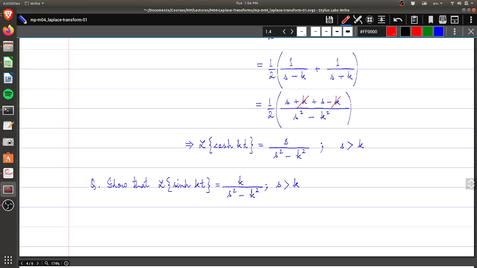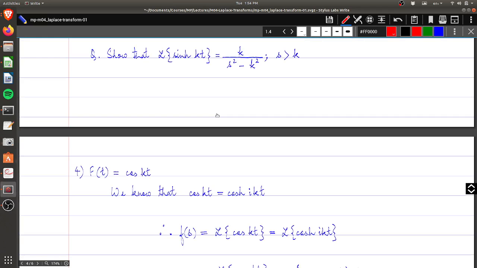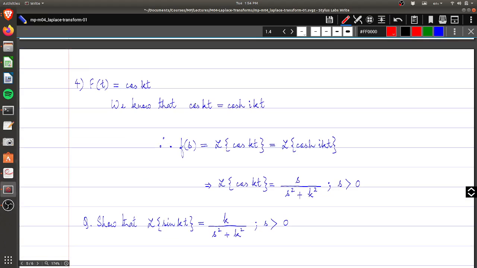Then cos kt, this is different. So this was hyperbolic cosine, and next we have the trigonometric cosine. These are two different functions. I want to find out the Laplace transform of cos kt. We have already found the Laplace transform of the hyperbolic cosine function, but there is a relationship between the hyperbolic cosine and the trigonometric cosine.